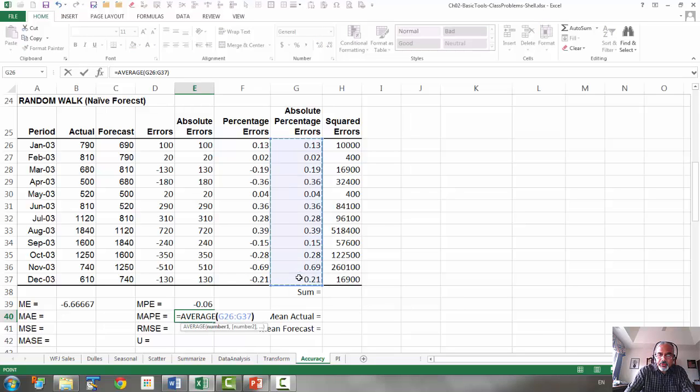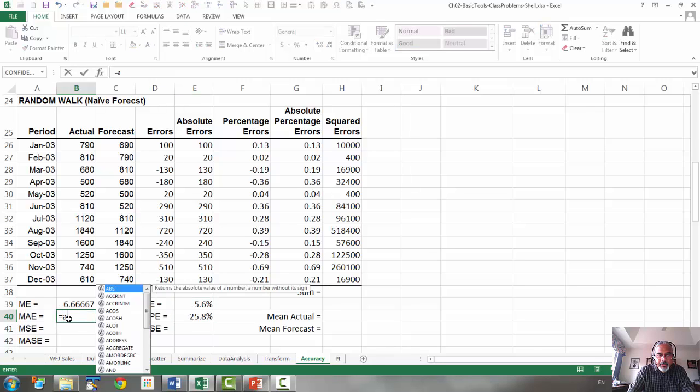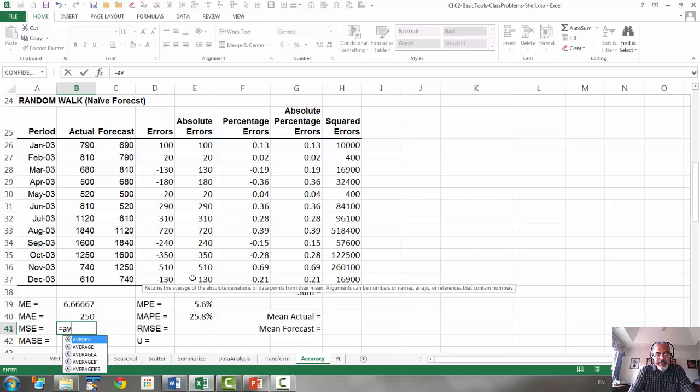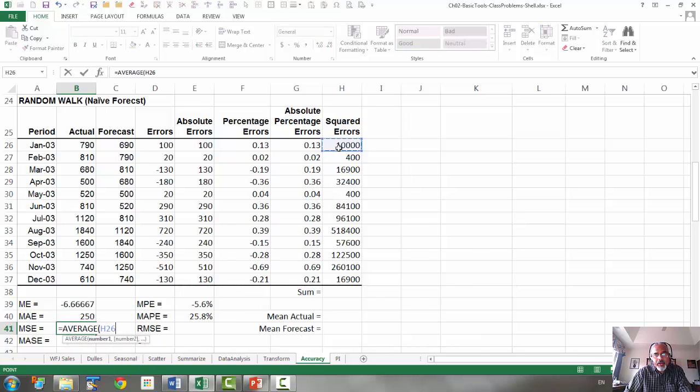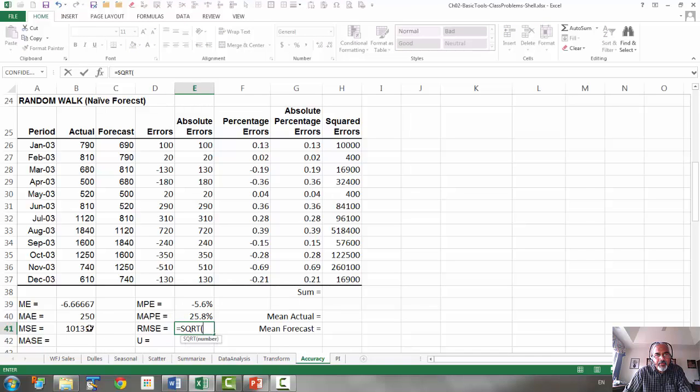So these two should be expressed as percentage. Mean absolute error is average of absolute errors, which is also called MAD. MSE is the average of squared errors. Okay. RMSE, root mean square error, is square root of MSE.